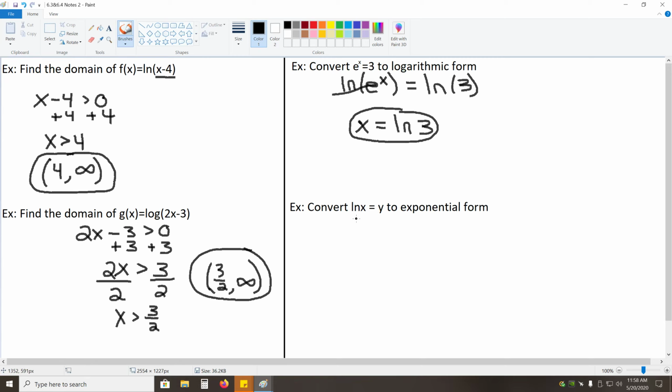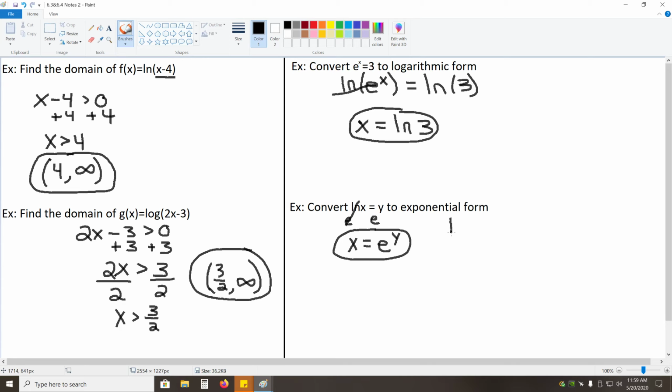The first is by raising each side up with a base of e, since e to the x is the inverse of the natural log of x, and when you raise each side up with a base of e, the natural log and the e will cancel out, leaving us with x equals e to the y, and this is the exponential form.